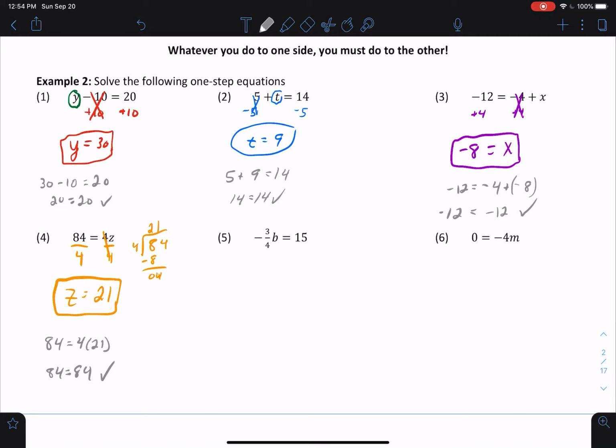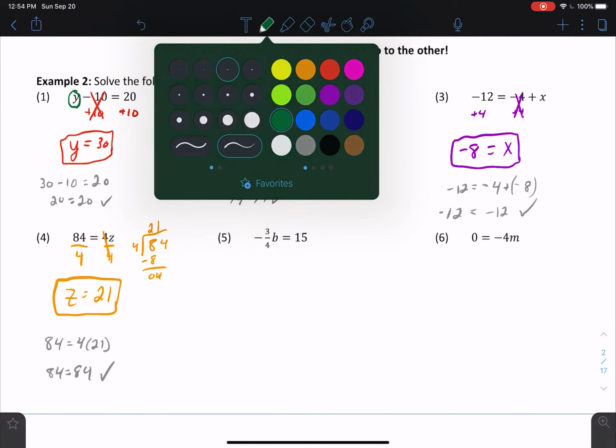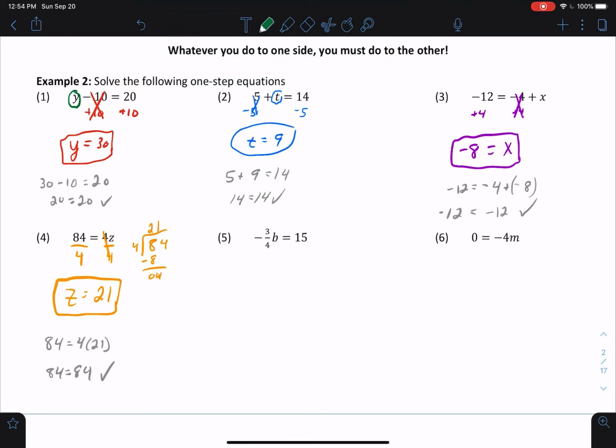All right. What about in 5? What's happening to b? Well, it's being multiplied by negative 3/4. So how do I undo that multiplying by the fraction? I'm going to multiply by the reciprocal. So I'm going to multiply both sides by negative 4/3. What that's going to do over here, it's going to cancel out that, and leave me just with b. And on the right-hand side, we've got 15.